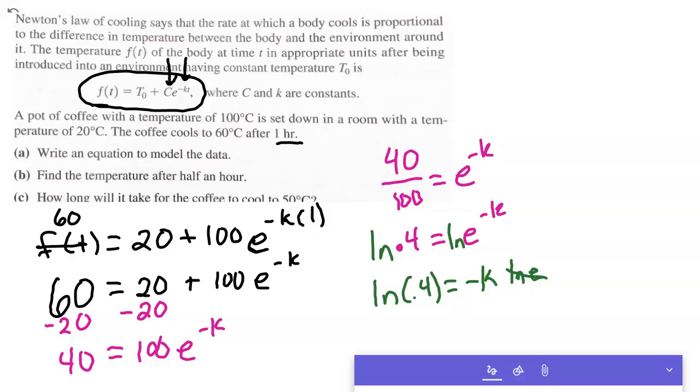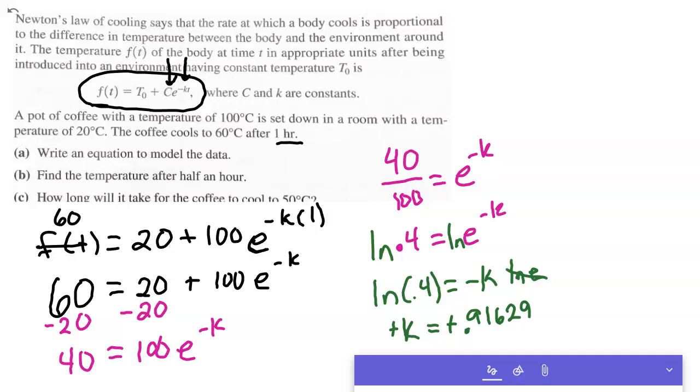And so k then is going to be the negative natural log of 0.4. The natural log of 0.4 is negative 0.91629. And so you change your signs, and k is 0.91629.